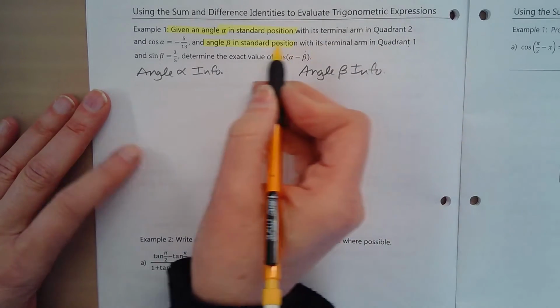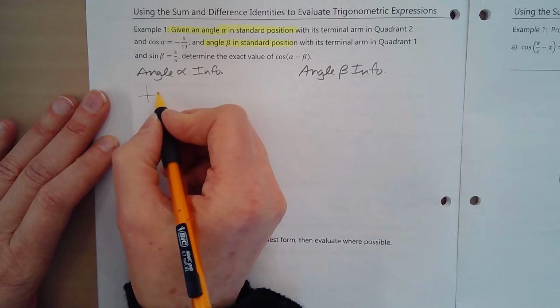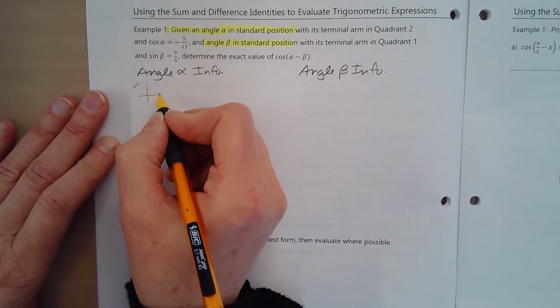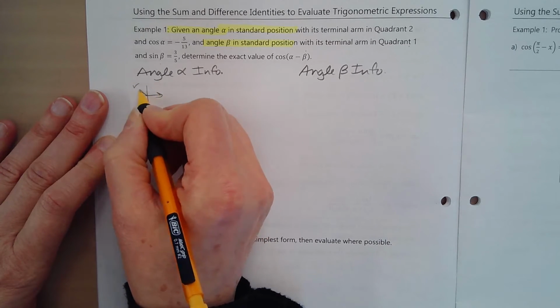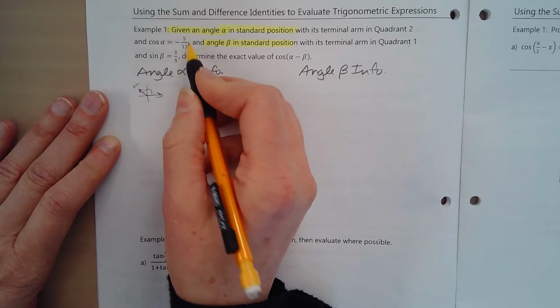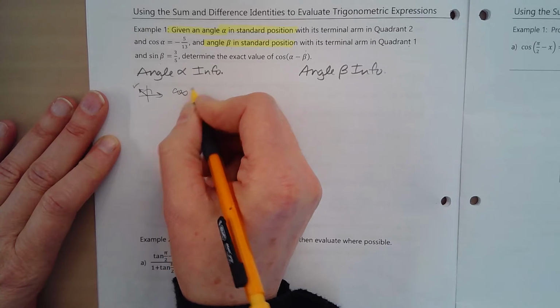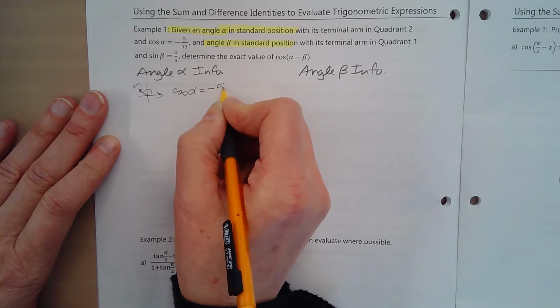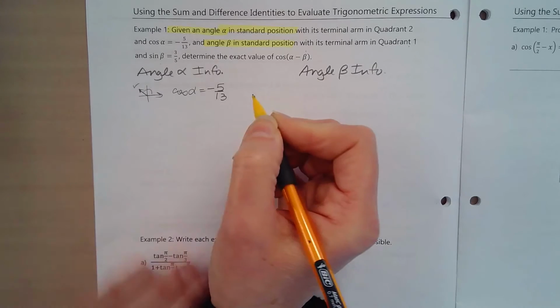What do we know about angle A? It terminates in quadrant 2, and cos of A equals negative 5/13. I know cos is negative in quadrant 2, so that fits.